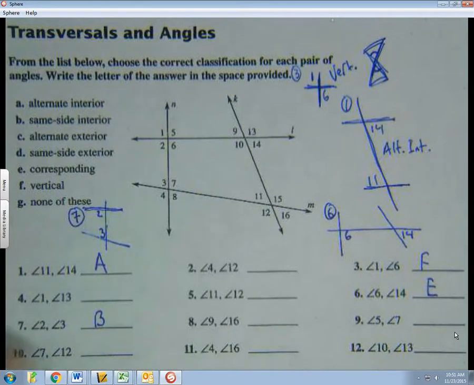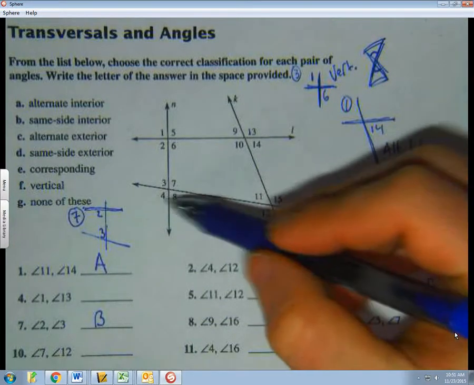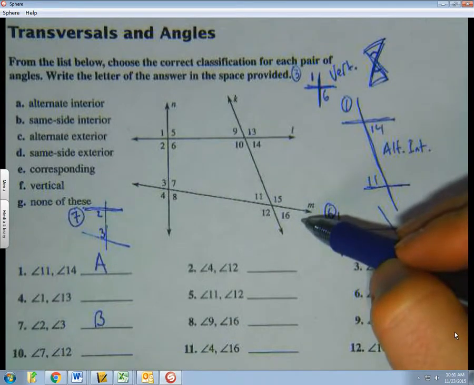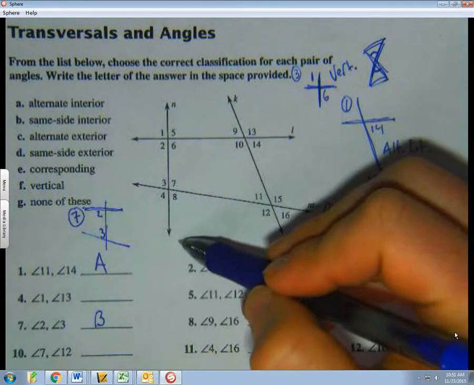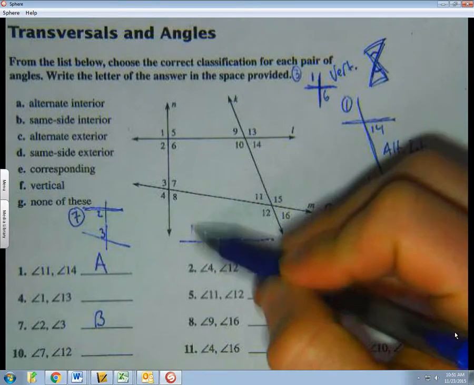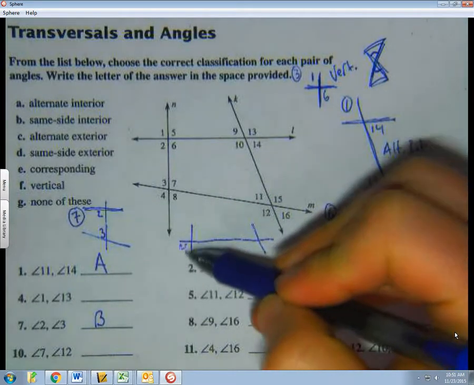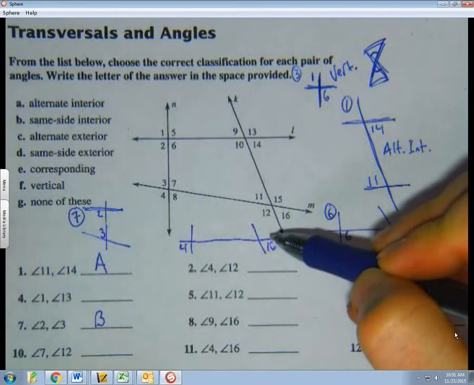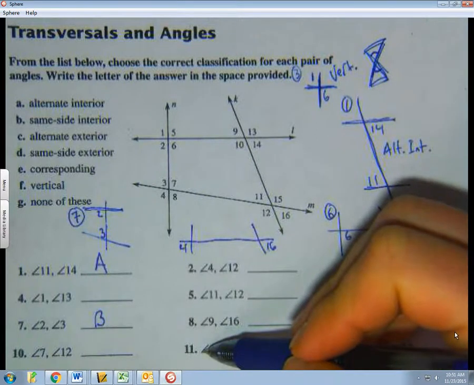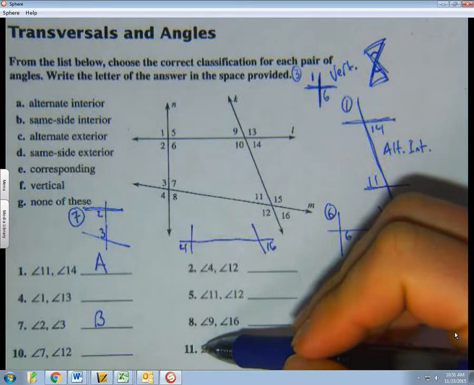So that's that. 11, 4 and 16. Well, where are those guys? Where are 4 and 16? Well, you should see they're here. So if we draw this, 4 and 16. 4 is, this is the inside.